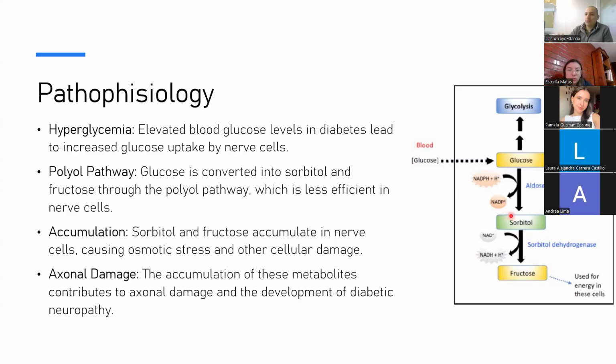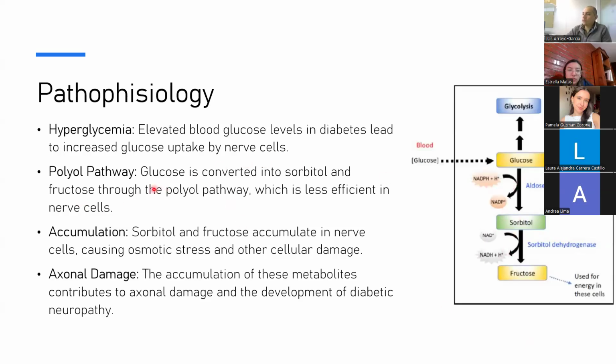So what is causing the damage in diabetes is not the lack of glucose in the neurons, but the excess of glucose in the neurons. And our neurons are very bad at storing this glucose. We cannot. So what the neurons do, we have this sorbitol pathway.